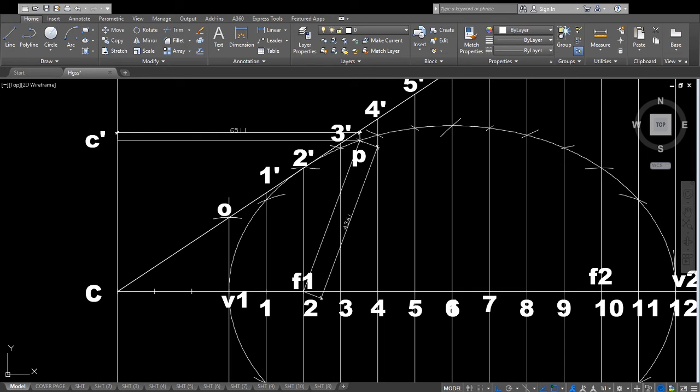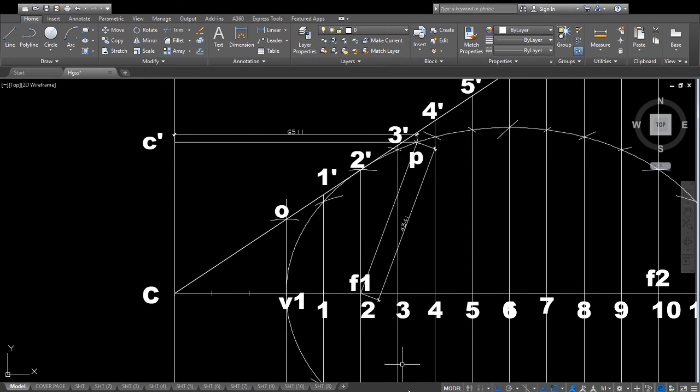We have 4341 divided by 6511 equals, you can see that is 0.65314.